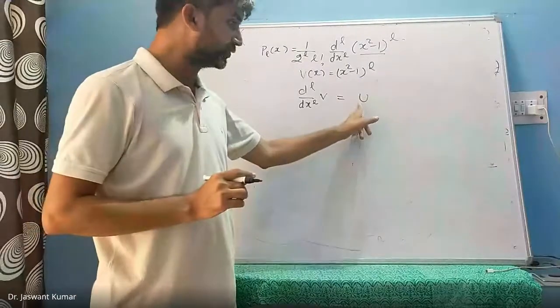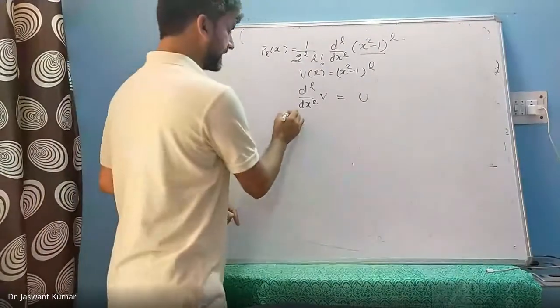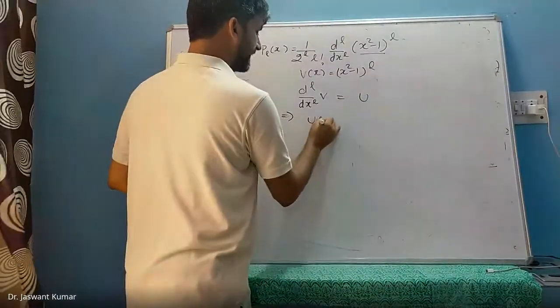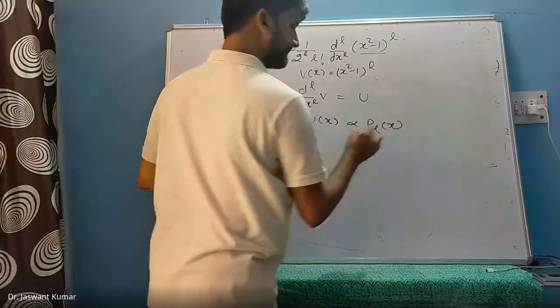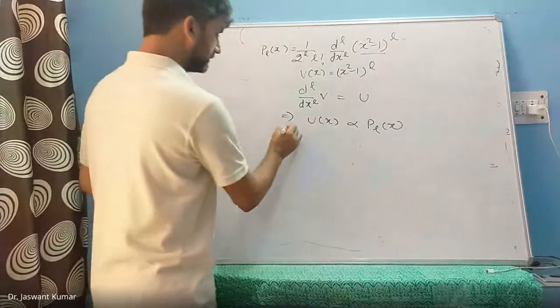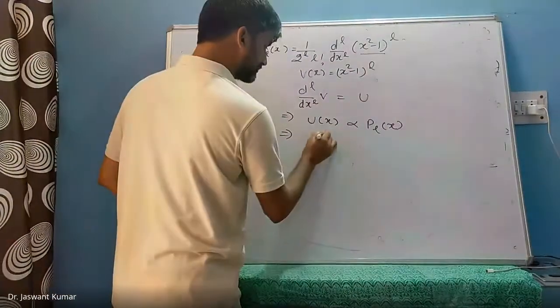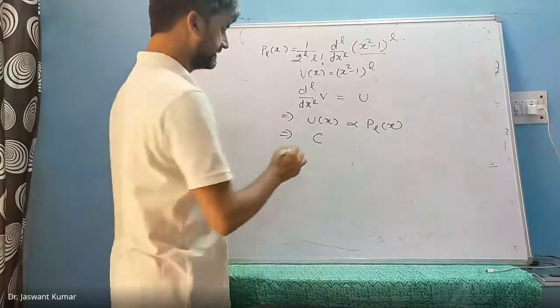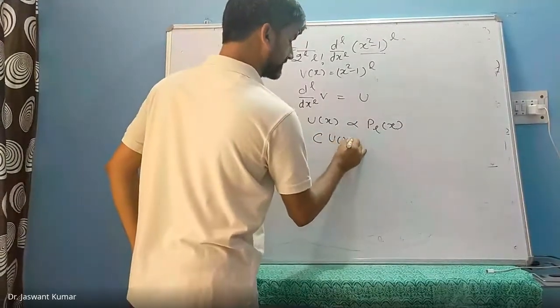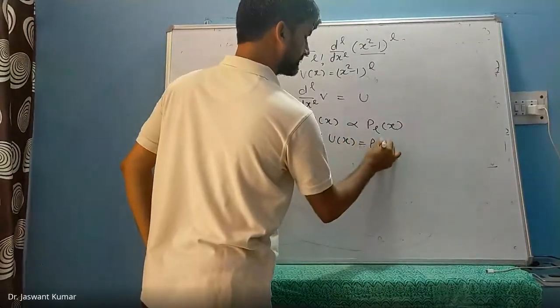Since this u satisfies Legendre equation, u of x must be proportional to PL of x. So C, some constant of proportionality, times u of x must be equal to PL of x.